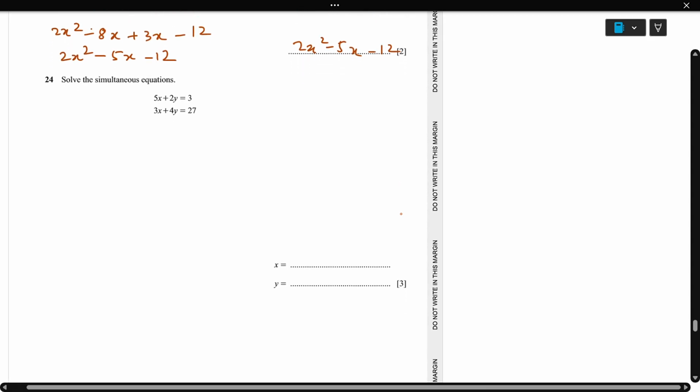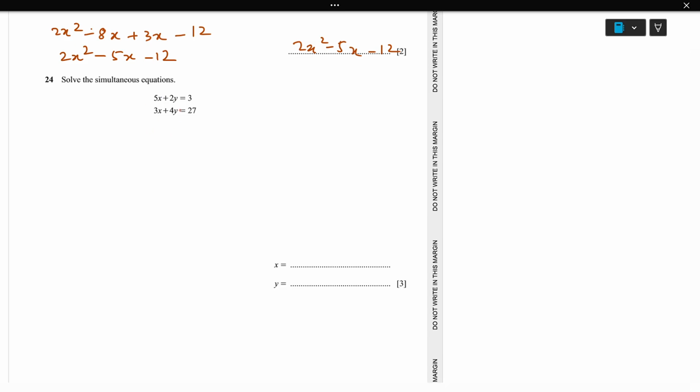Next, question 24. So simultaneous equation. Simultaneous equation, here no term is the same. So at least one we will make the same. So I'm planning to make this y the same. So the first one here down there is 4. Up I am going to make 4. So entire equation I'll multiply by 2 here. So first equation 10x plus 4y equal to 12.